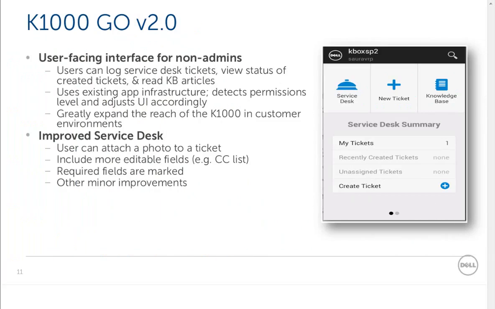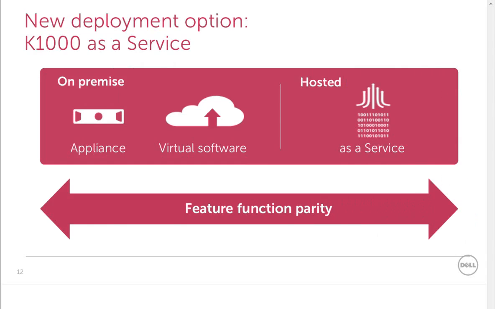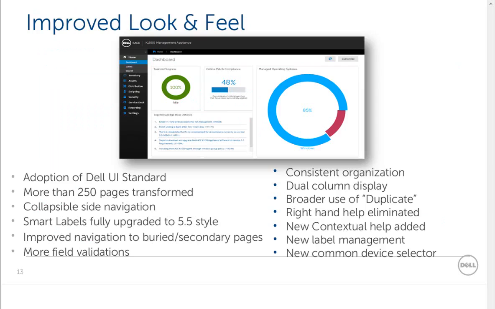K1000 Go 2.0, again, we are enhancing some of the feature functions there. We've got the user interface for non-administrators. You can go ahead and have them download it. It is forward and backward compatible with 5.5 and 6.0, so you're all set there. Again, we've got our new deployment options: physical, virtual, and now as a service, with feature function parity across all 3.